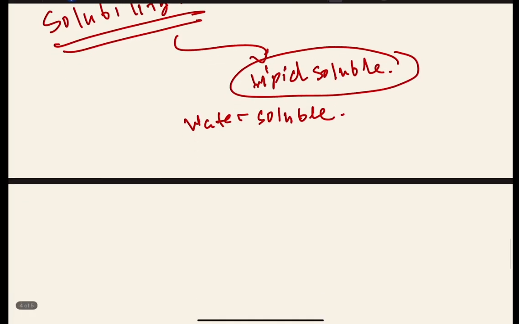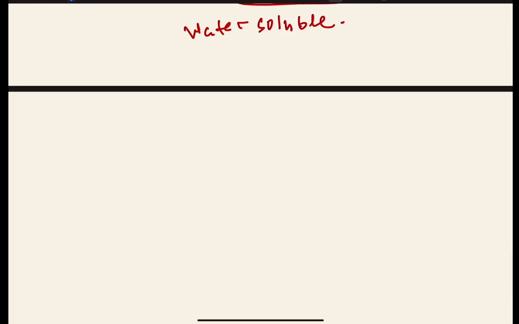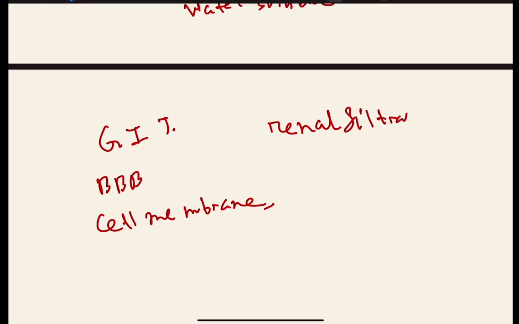We have biological membranes in our bodies, like in the gastrointestinal tract, in the blood-brain barrier, in the cell membrane also, and in the renal filtration membrane. If the drug has to work on the body, it has to cross the biological membrane and get absorbed.